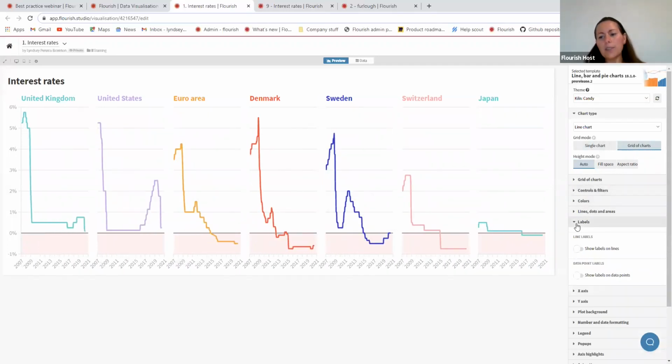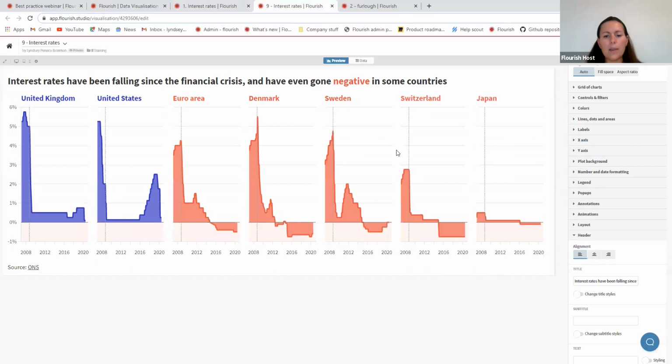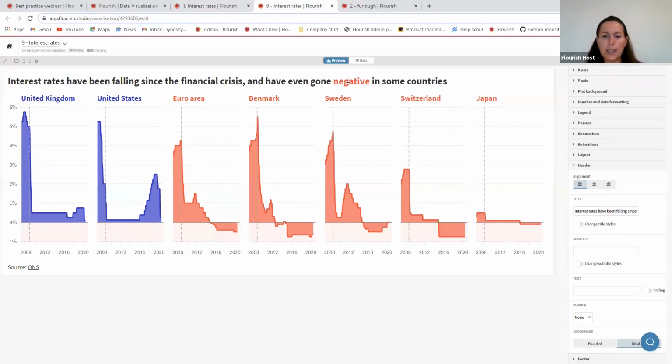So these are all the kind of little design decisions that you can make to make your chart easier to understand. And these user-friendly options that Flourish has allow you to make all these little design decisions. Oh, and lastly, just one thing that takes a little bit of custom coding is changing the color of things in your chart title. You can do this with a bit of HTML coding.